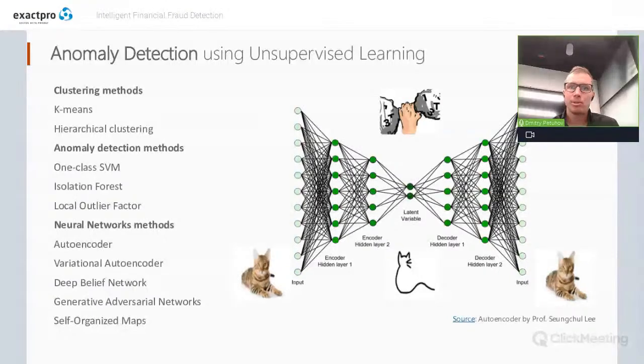There are cluster methods, some classic anomaly detection methods not based on neural network architecture, and there is a bunch of research related to different neural network architectures that solve the anomaly detection problem, in the fraud domain also.